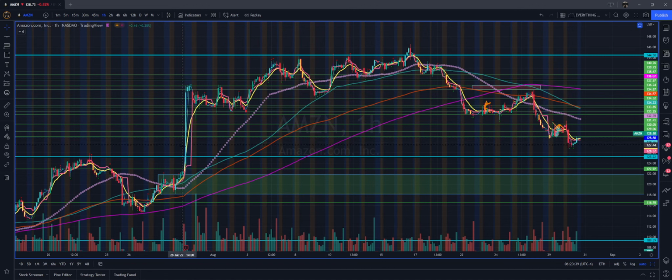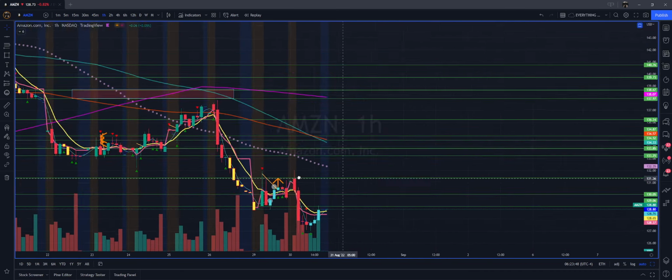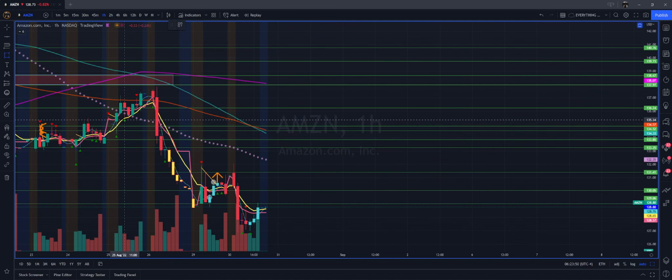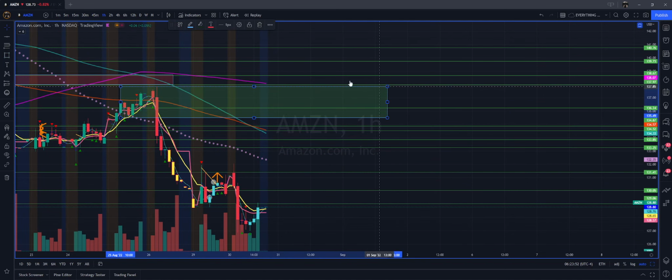There should be some demand zone over here, but you cannot see it on the bigger time frame, so you might want to go lower, right? And then on Amazon, we have a supply zone somewhere right here. It's pretty obvious.